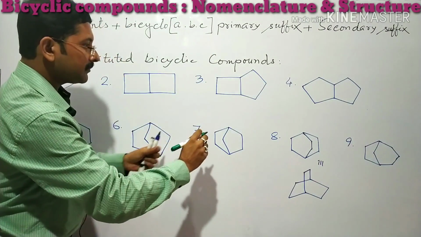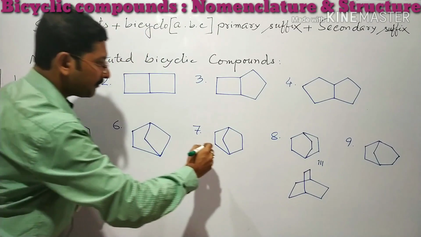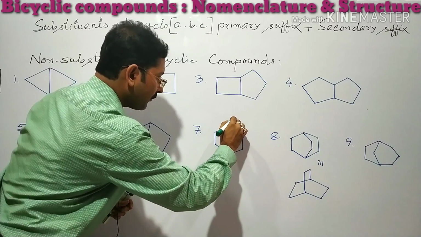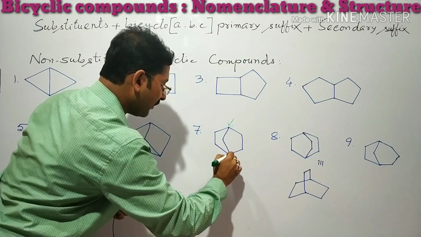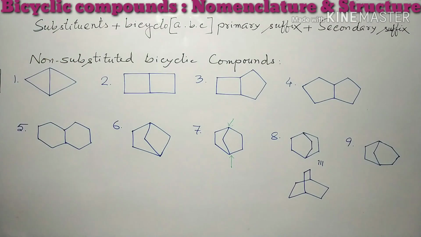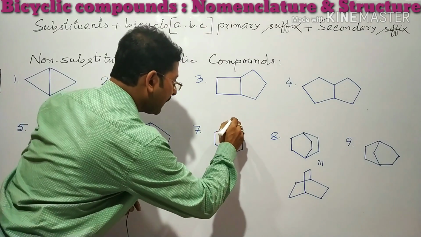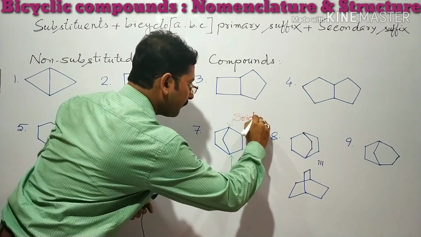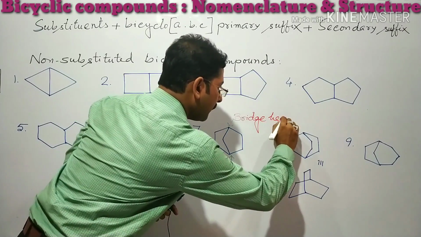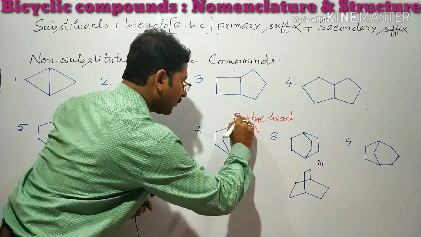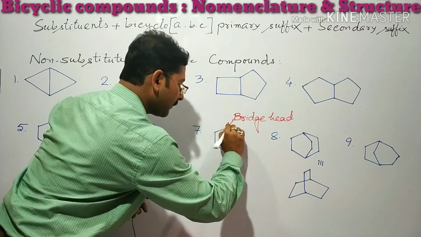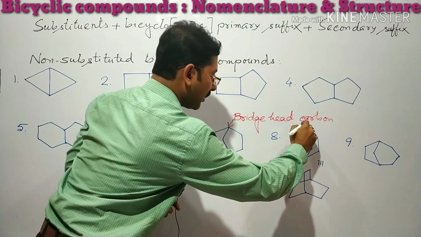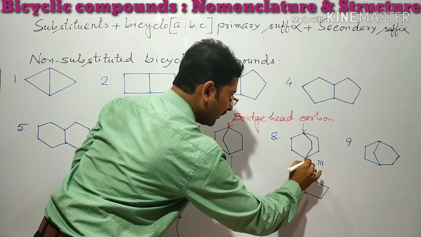If we consider any one of the bicyclic compounds, these two carbons, this and this one, are known as bridgehead carbons.